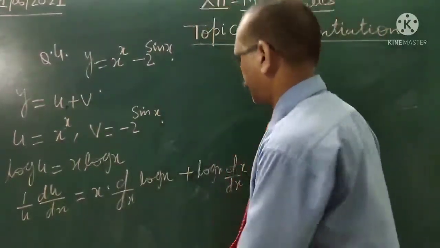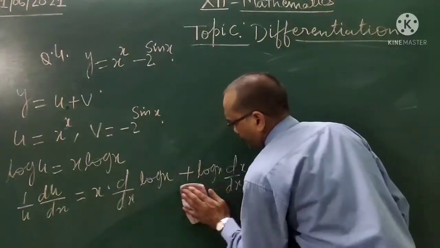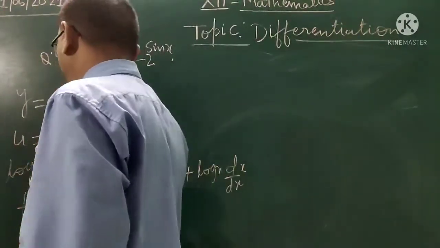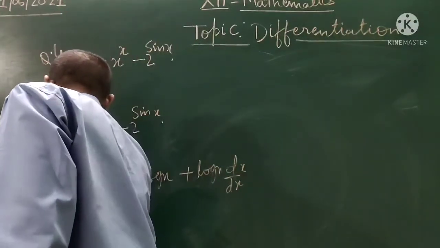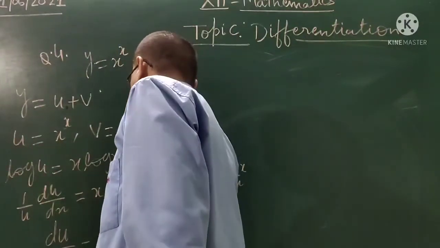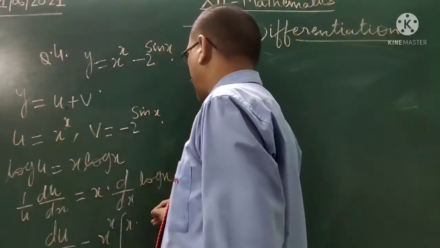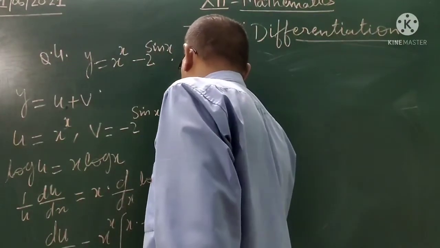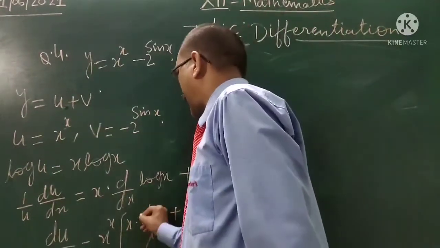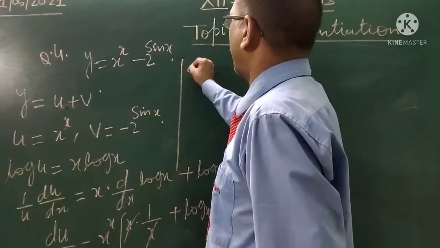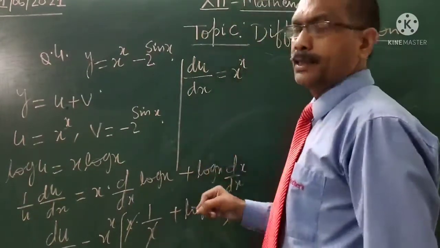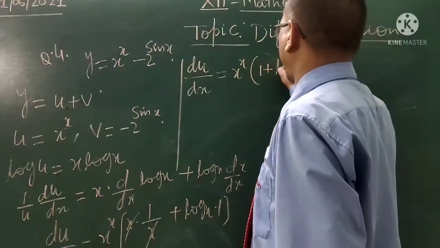Now differentiate and cross multiply the value of u. U is x power x. X as it is, derivative of log x is 1 by x, plus log x as it is, derivative of x is 1. Here x is cancelled. So du over dx is equal to x power x into (1 plus log x).